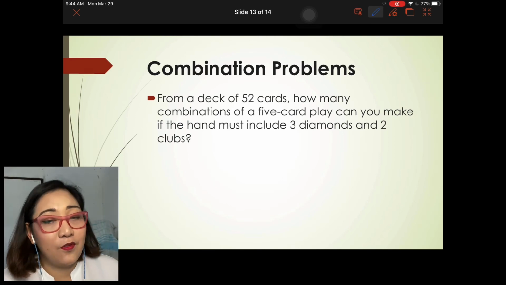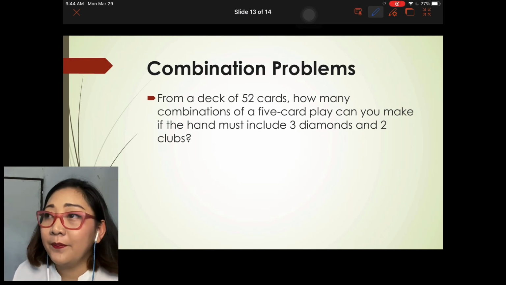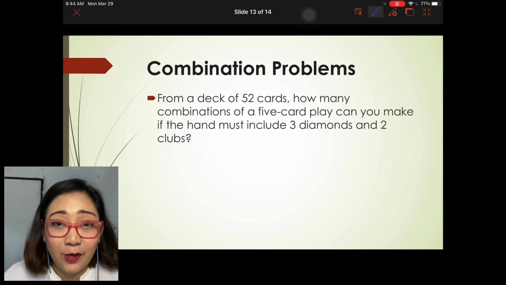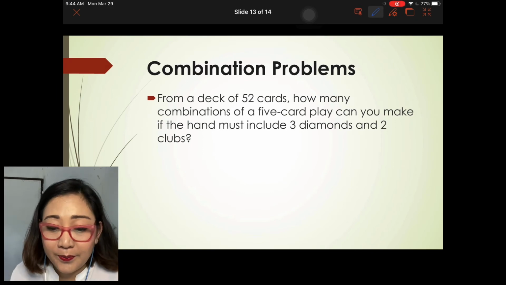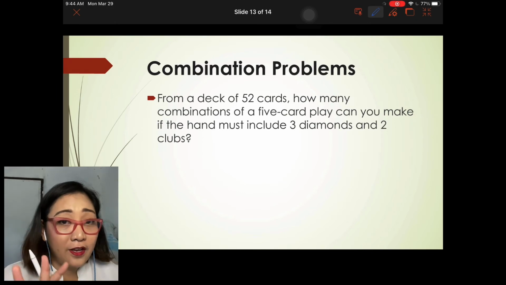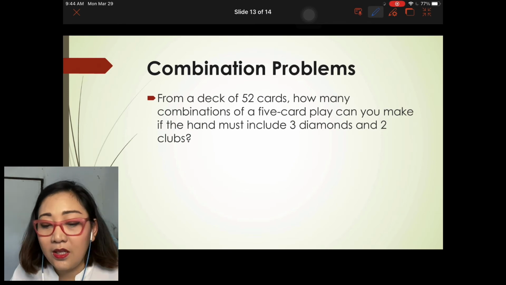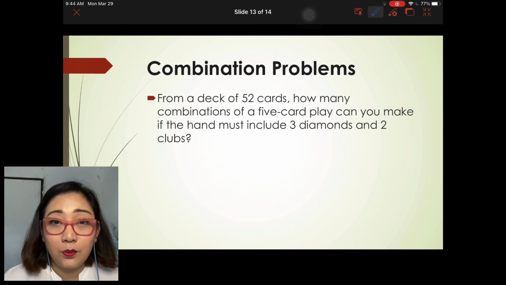This is the last type of combination that we will be talking about today. Now, from the same deck, you have another deck of cards, 52, standard. How many combinations of a 5-card play can you make if the hand must include 3 diamonds and 2 clubs?